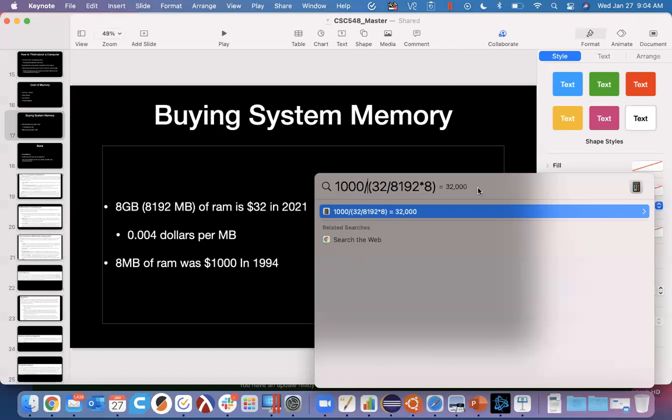And the punchline is, in 1994, the cost of memory had already come down some. It used to be even more expensive than that. Memory used to be very, very, very expensive.